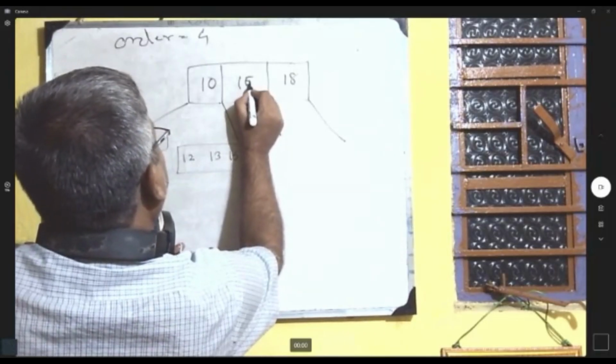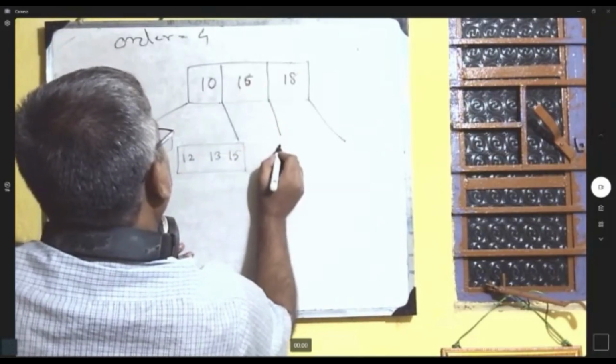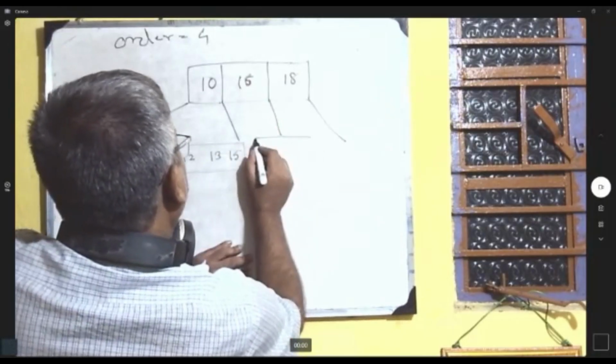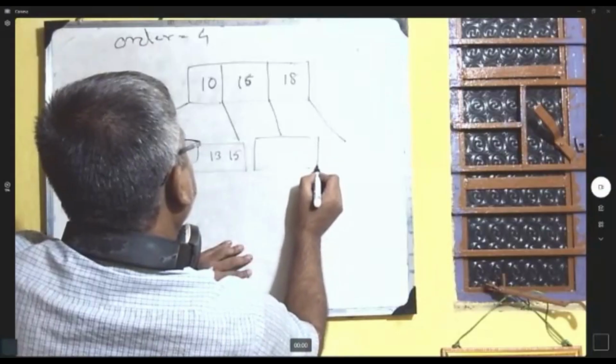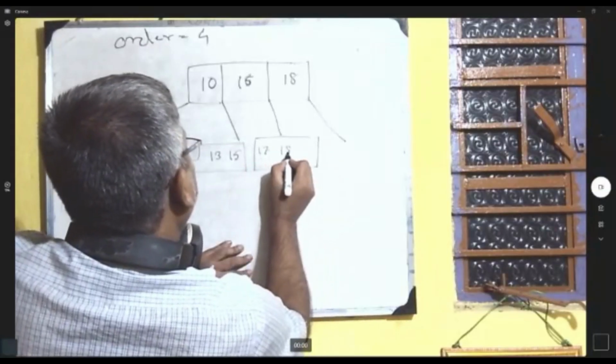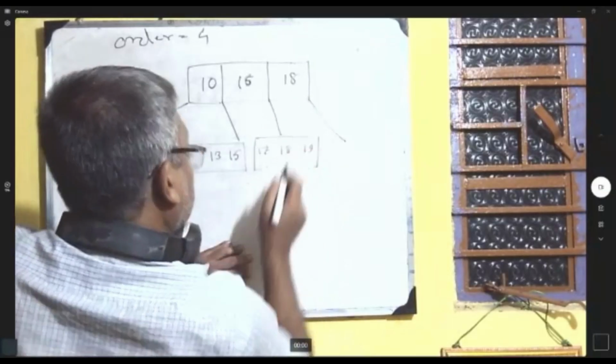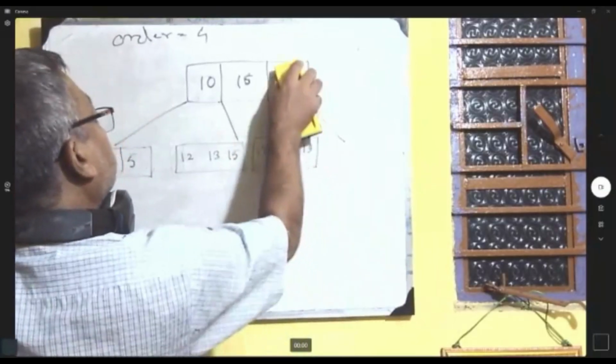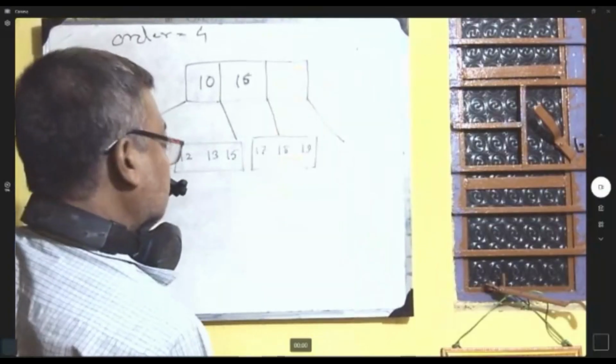The third child from the left has values 17, 18, 19.